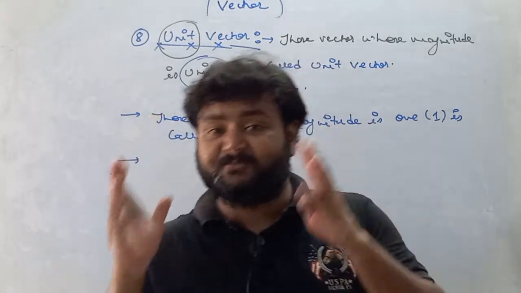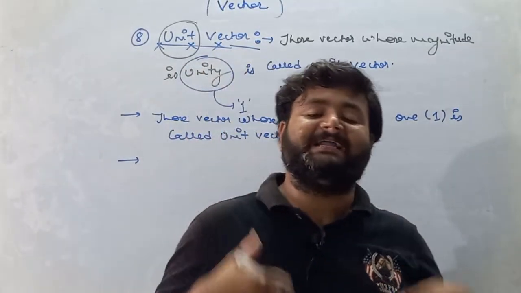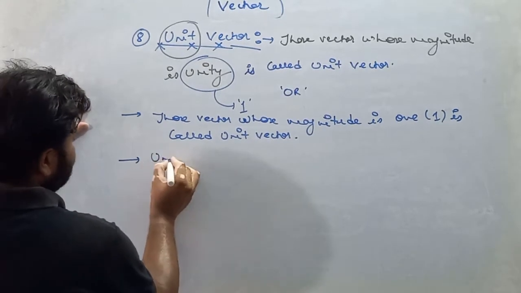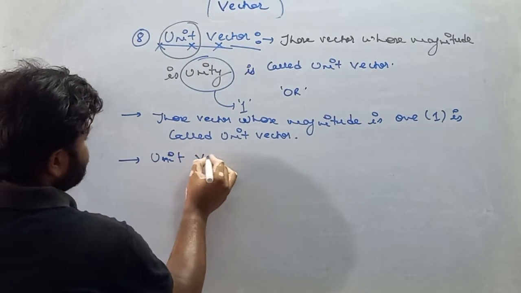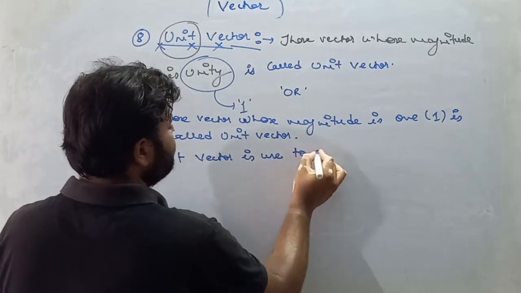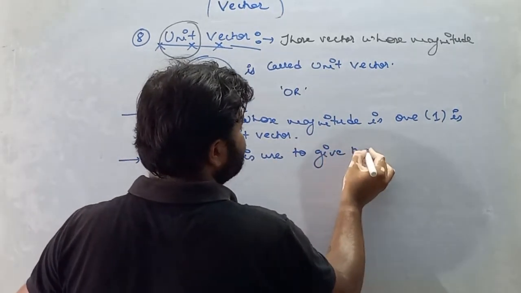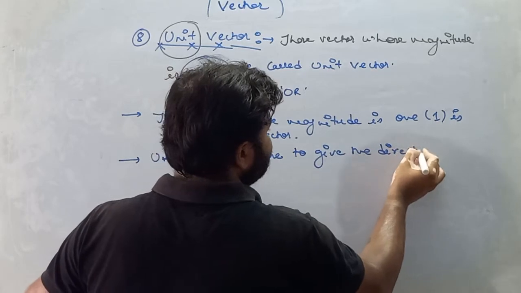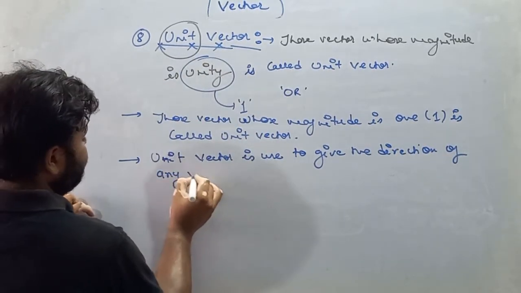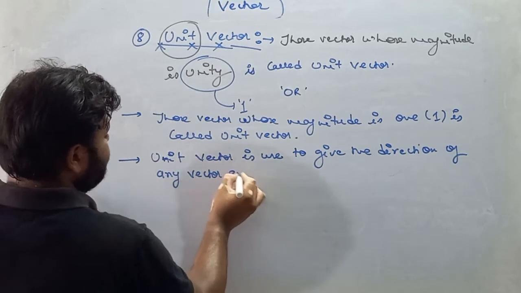Unit vector is only used to give the direction of any vector quantity. So I'll write here, unit vector is used to give the direction of any vector quantity.